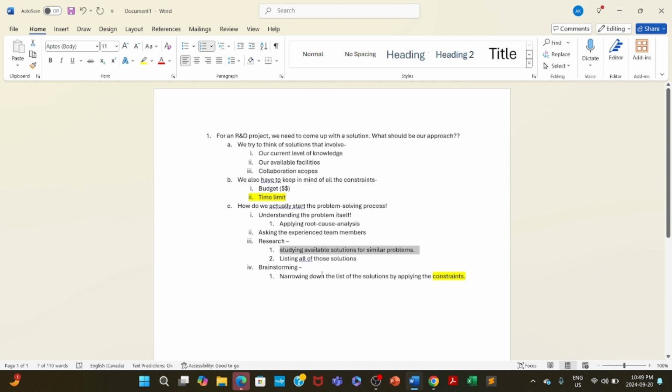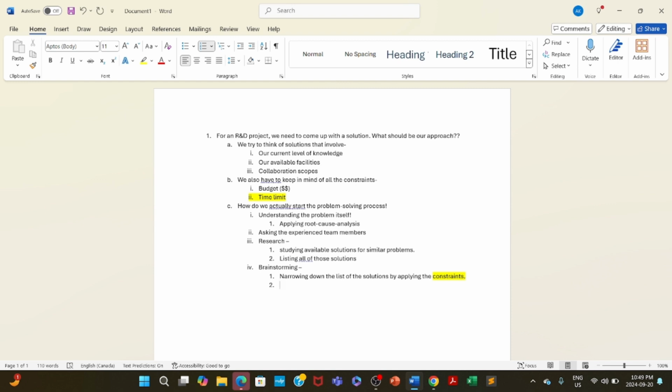Then you narrow down and make the solution list smaller to come up with more feasible possibilities for the problem, and that is done by refining in terms of constraints.